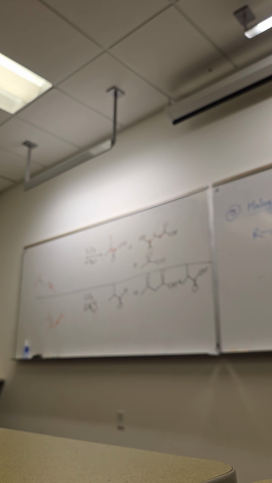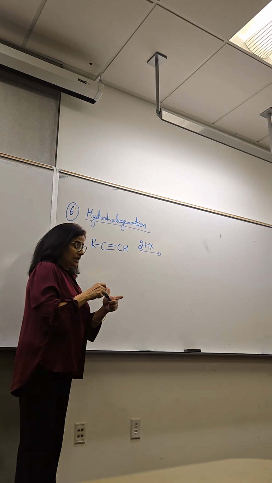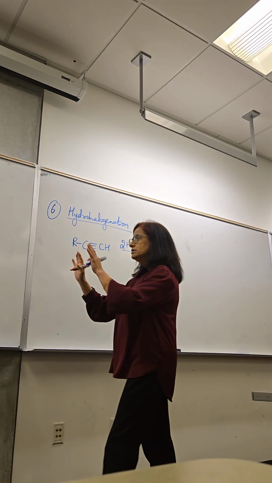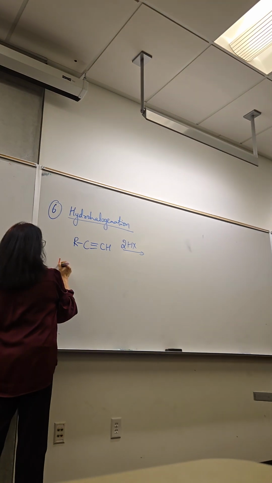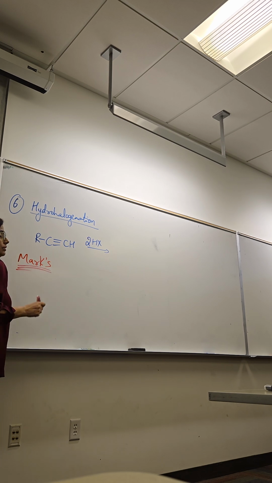And once again, how many equivalents of HX do you think will add across the triple bond? 2, because there are 2 pi bonds, right? Now this goes through Markovnikov only. Mechanism not necessary for this either, but it does follow Markovnikov's rule.